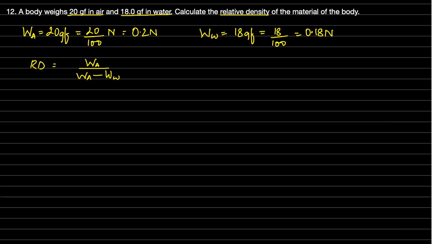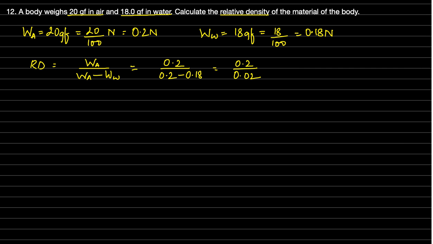So the weight of the body in air is 0.2, divided by 0.2 minus 0.18. So we get this as 0.2 divided by 0.02. 0.2 minus 0.18 is 0.02.